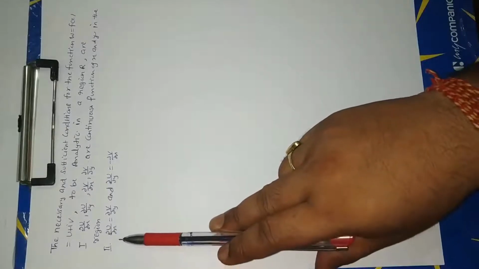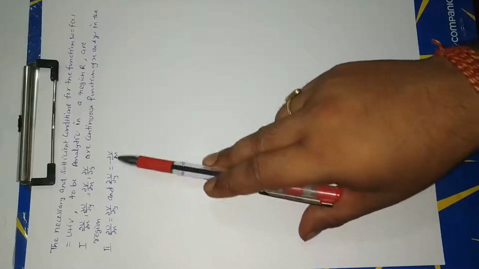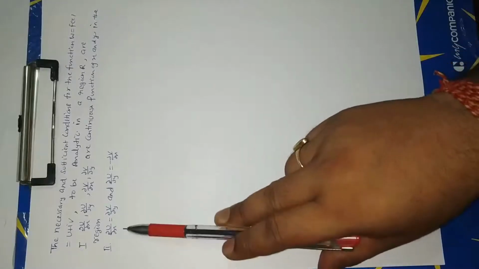Number second, ∂u/∂x = ∂v/∂y and ∂u/∂y = -∂v/∂x. These are the CR equations.